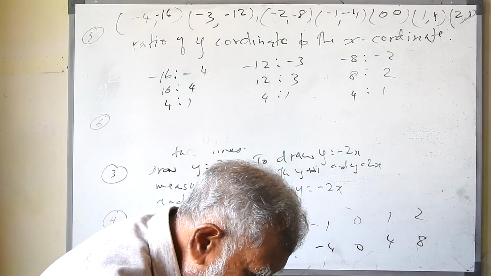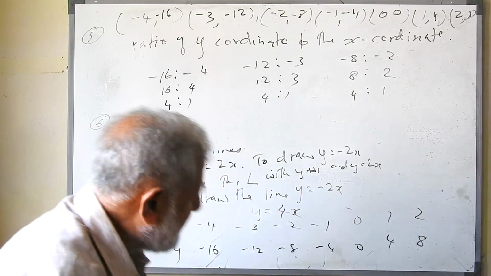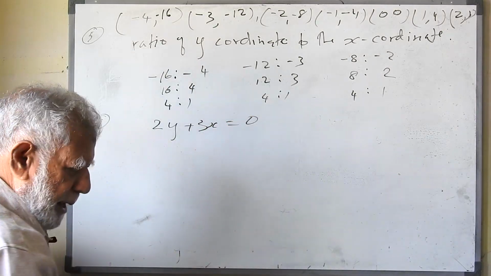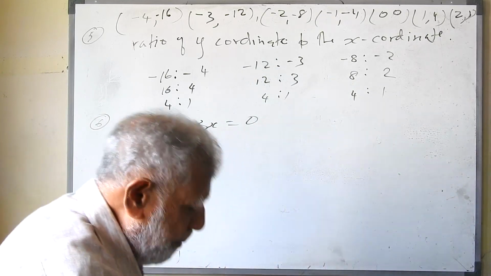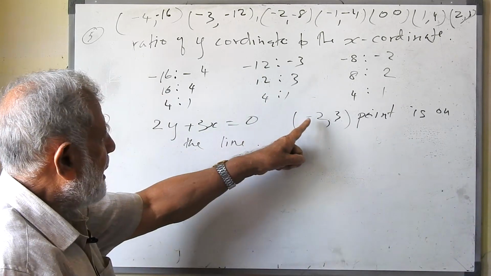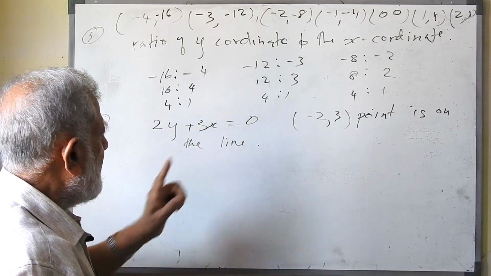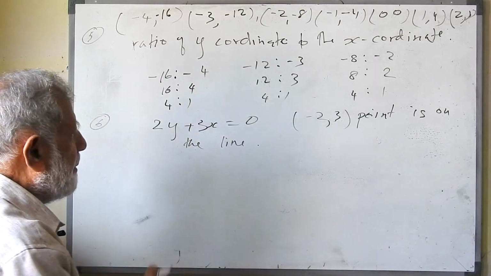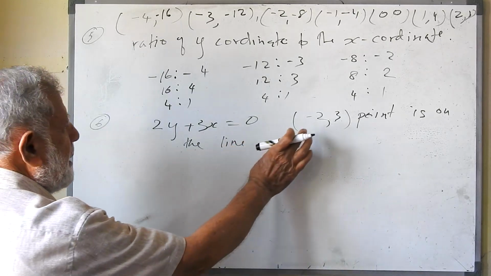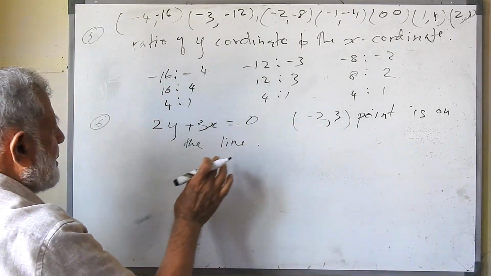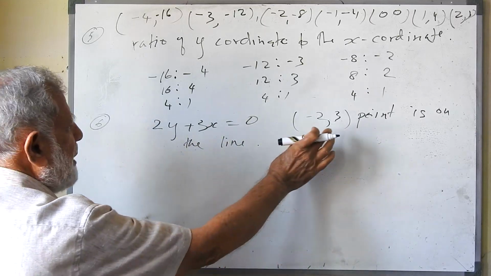Then supposing we have a line 2y plus 3x is equal to 0, and we know that the point minus 2, 3 is on the line. Then if you substitute the x value and y value, x is minus 2 and y is equal to 3.